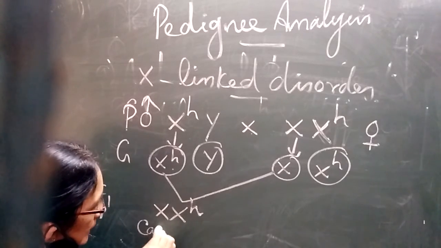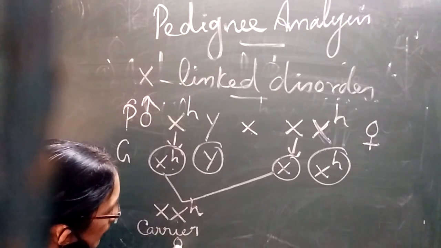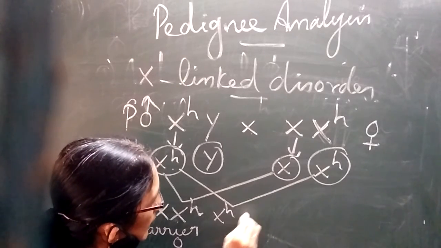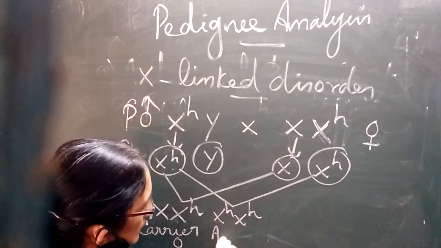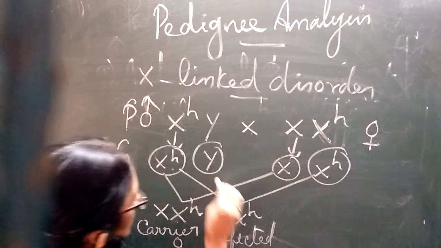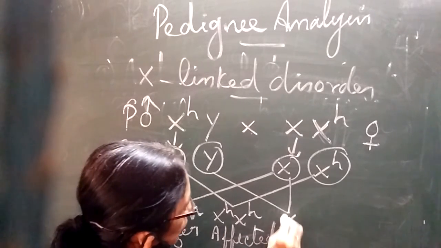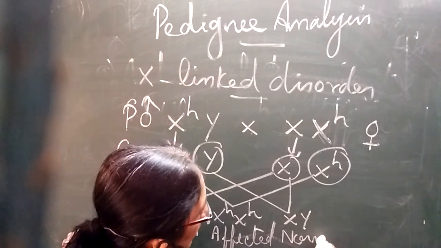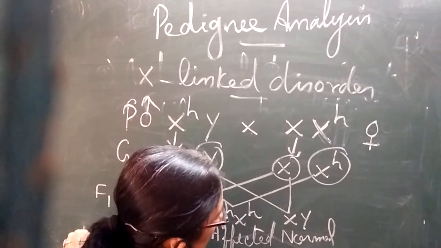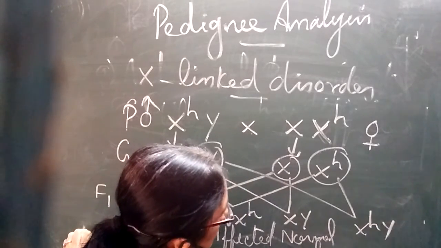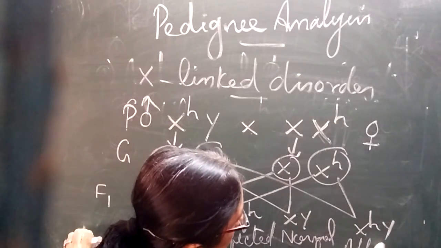So this is a carrier female. Now when these two are joining, XHXH. This is an affected female. Now when these two join, XY, this is a normal male. Now when these two are joining, XHY, this is an affected male.